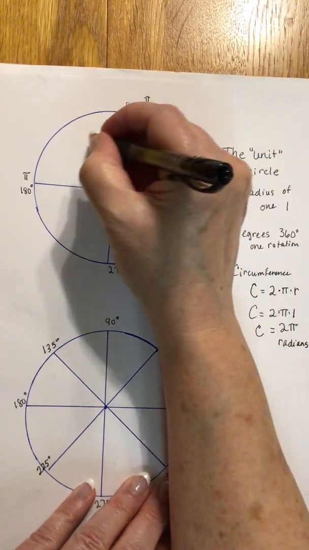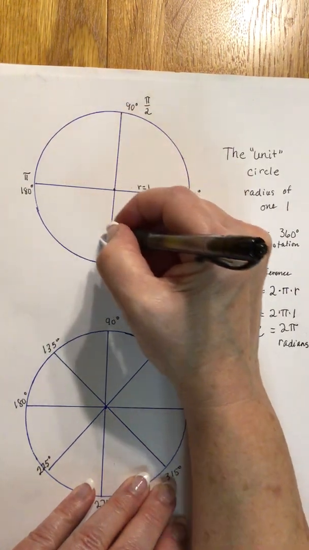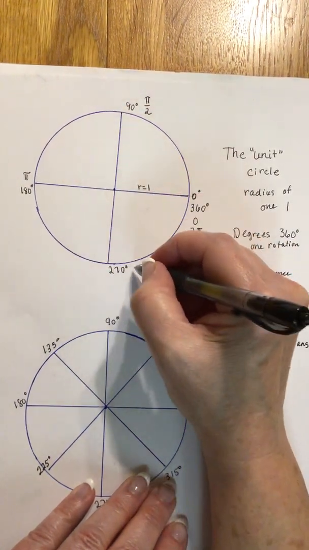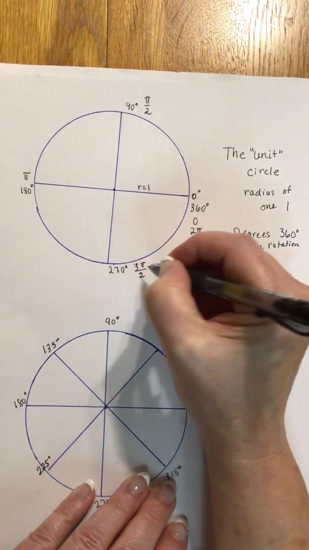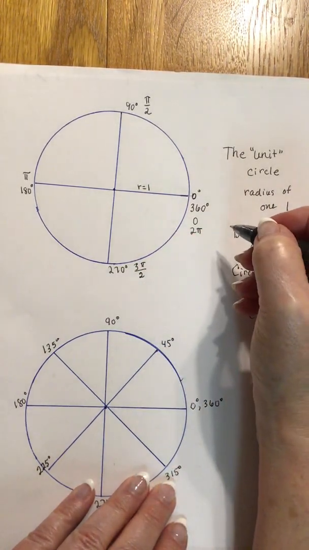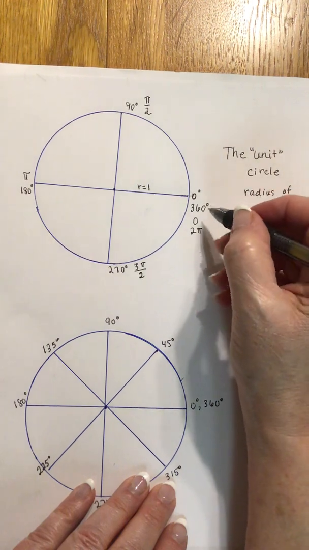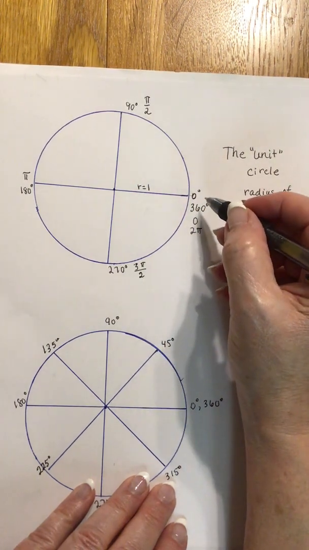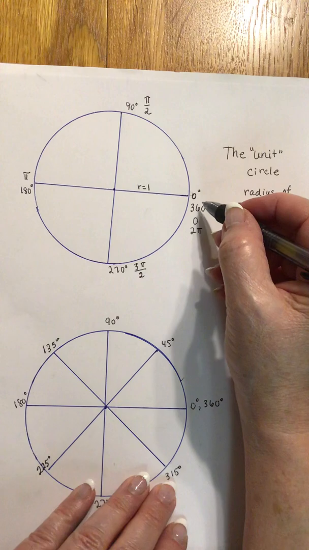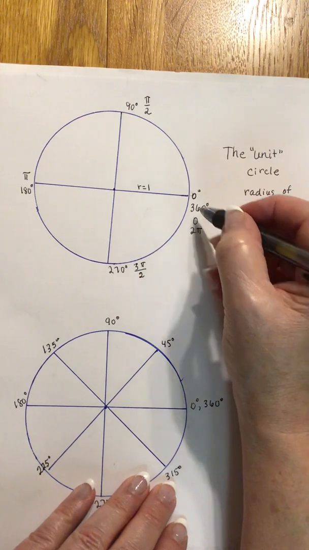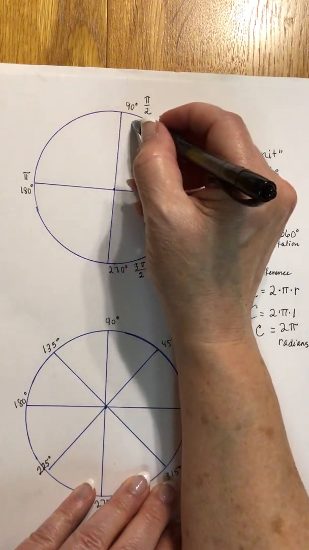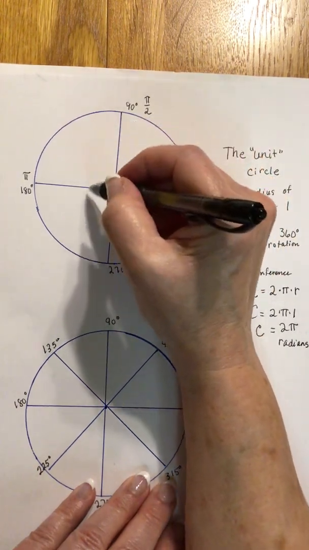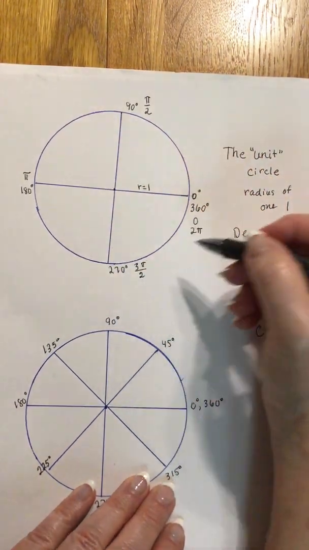So this would be 1 pi plus another half, so 1½ pi's is going to be 3 pi over 2, because 3 halves is 1½. So these again are quadrantal angles, so we have the 0 and 2 pi, half the way around was pi, half of pi was pi over 2, 1½ pi gives me 3 pi over 2.